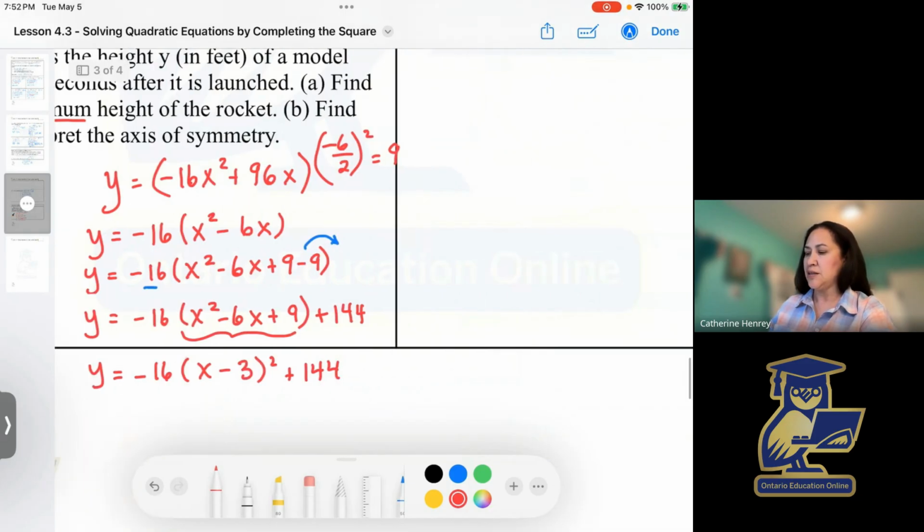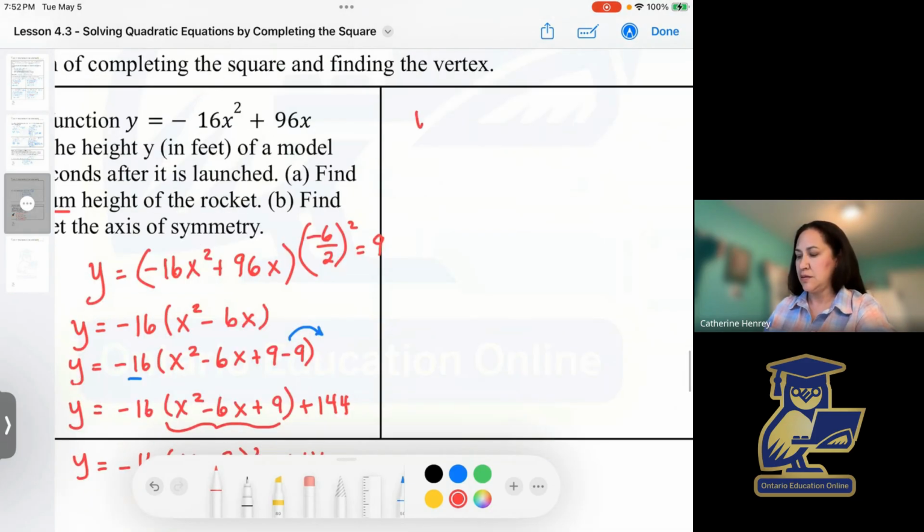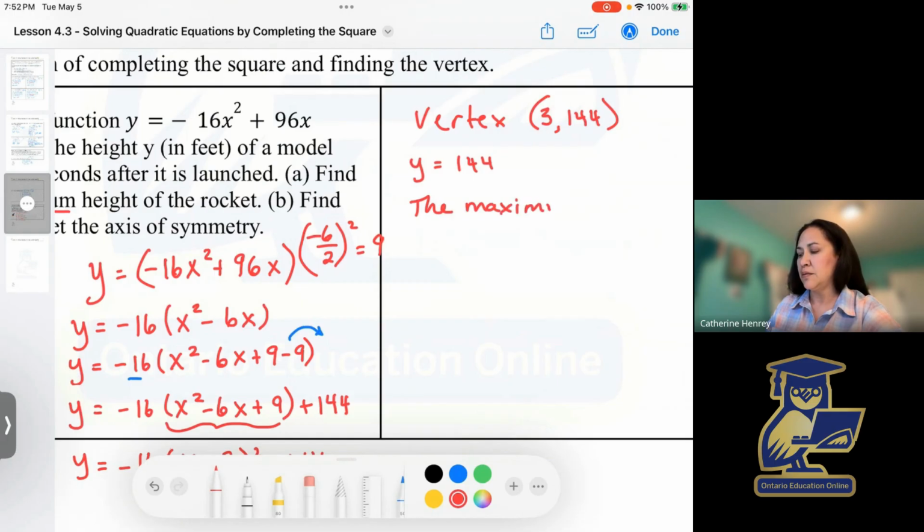So my vertex is 3, 144. So y of 144 means that the maximum height of the rocket is 144 feet.